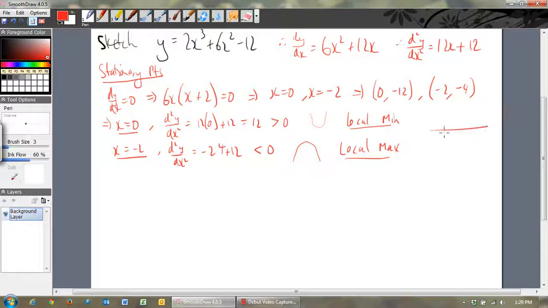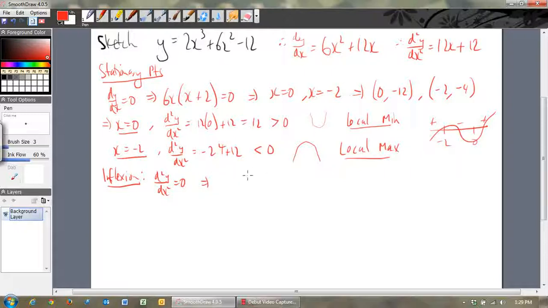You don't need to do your sign diagram sort of thing, negative 2, 0, and figure out that sort of thing. You don't need to do that sort of rubbish. You can just use the second derivative to figure out if it's local min, local max. Okay, fantastic. Let's go and have a look at points of inflection. Points of inflection occur when the second derivative is equal to 0.